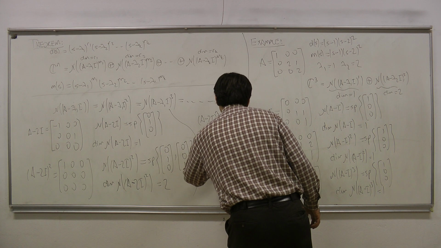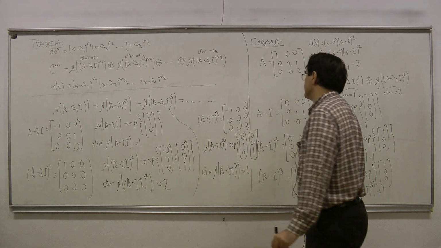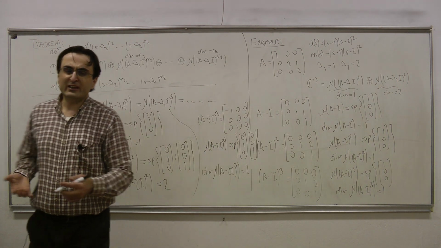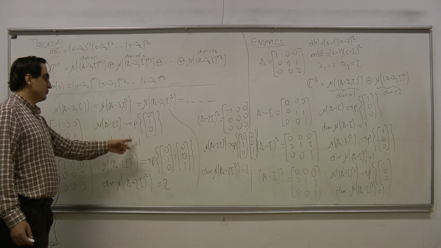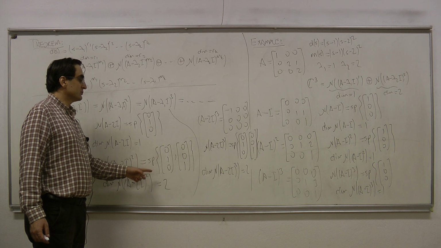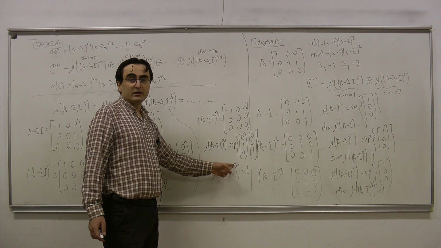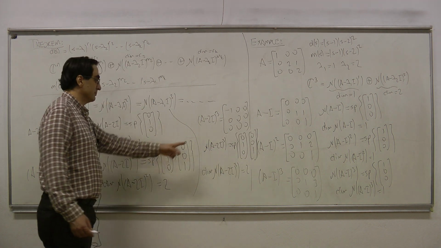Dimension of null space of A minus 2 identity cube is equal to 2. Okay? So you see that when I take the square, the dimension first increased, and when I increase the power more to 3, in that case the dimension remained the same and the space remained the same.